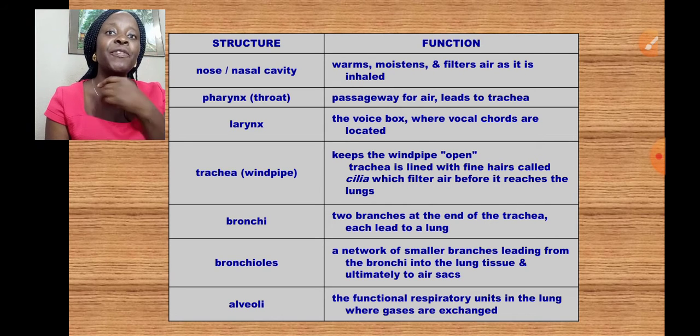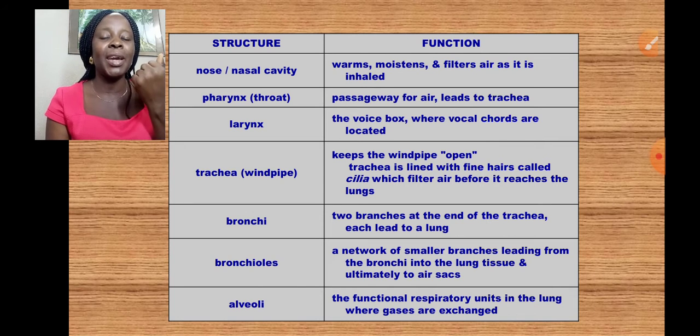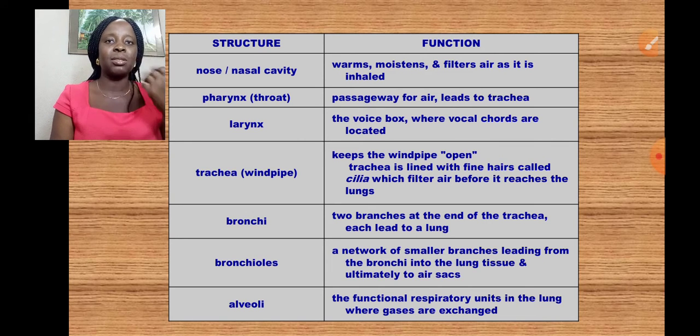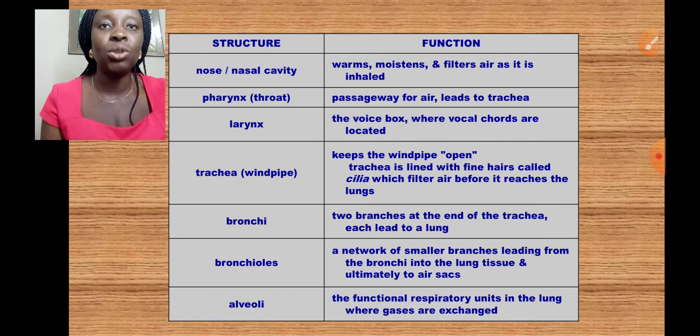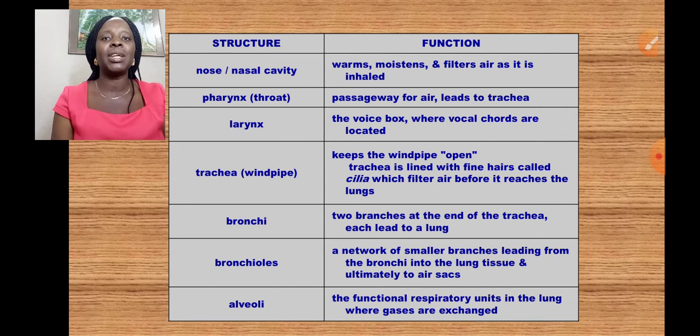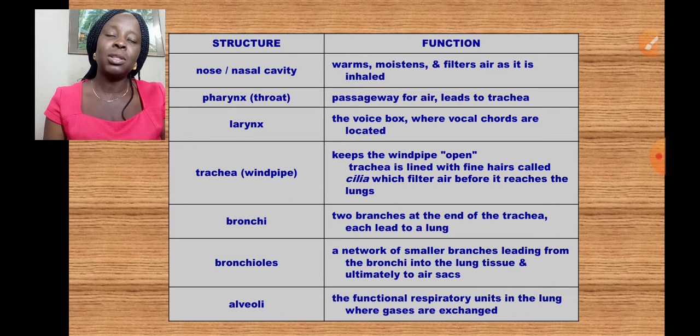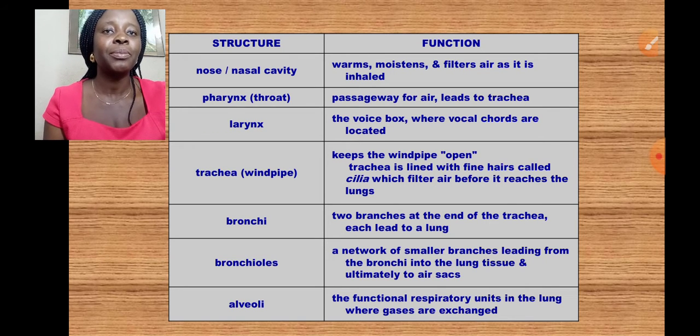It also helps to filter dust from air. While we are breathing in our air, we take in dust, so it helps to filter the air that comes in, to separate the dust from the gas that is actually necessary for cellular respiration in our body.